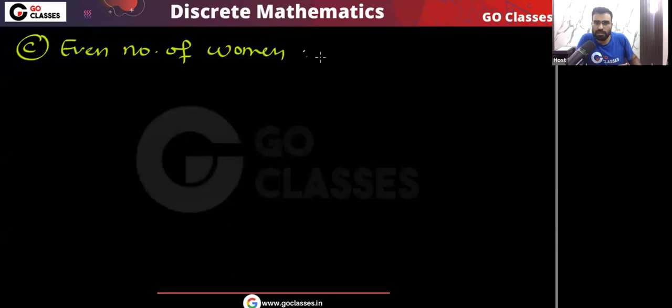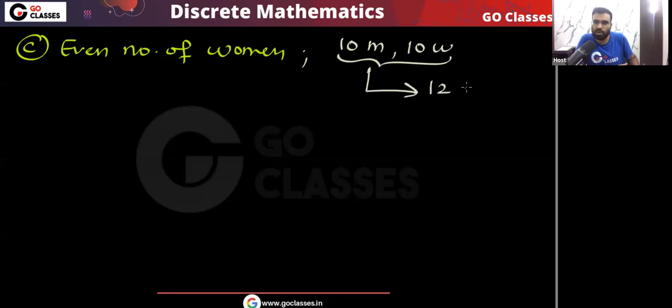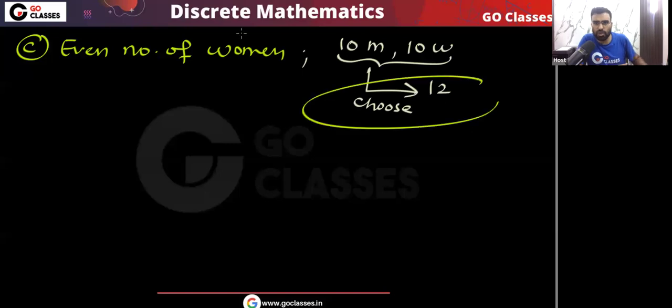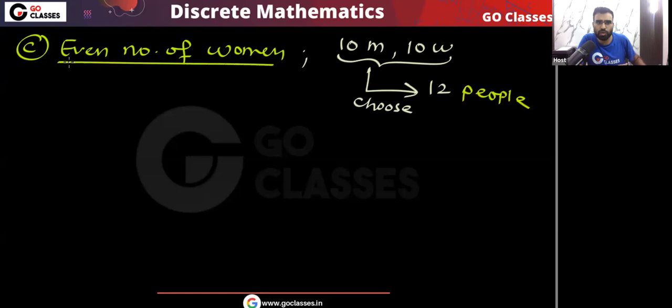So here, remember the data that total we have 10 men and 10 women, and from them we want to choose 12. But there is a condition here, that in these 12 people that we want, there should be even number of women. So in this type of question, what will come to your mind? Even number of women we want.